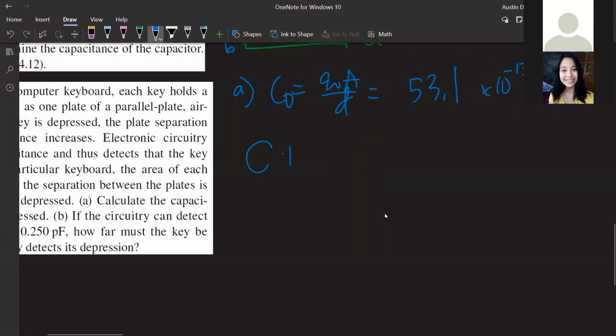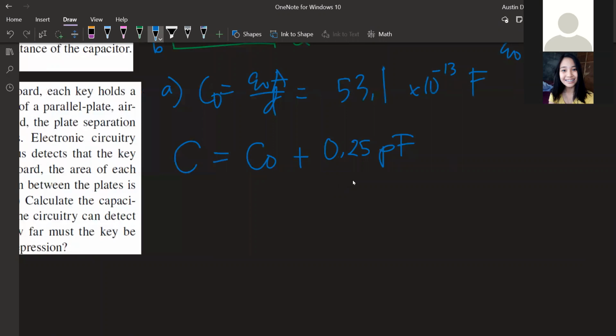So therefore, the new capacitance must be your original capacitance plus 0.25 picofarads. Okay? Kasi less than this, I won't detect that. The circuit won't detect that.